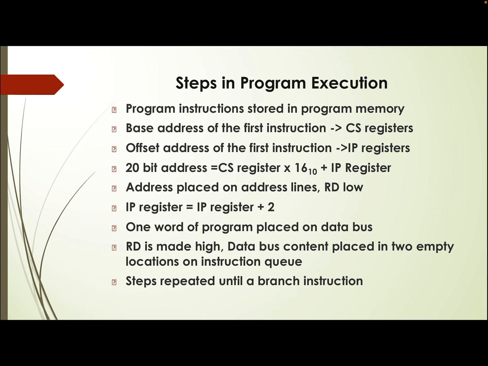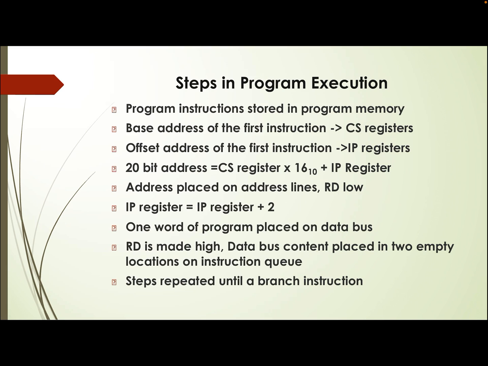The 20-bit address is calculated as follows: the content of the code segment register is moved 4 bits logically left. That is done by multiplying the code segment register by 16 to the base 10. Why is this shifted?